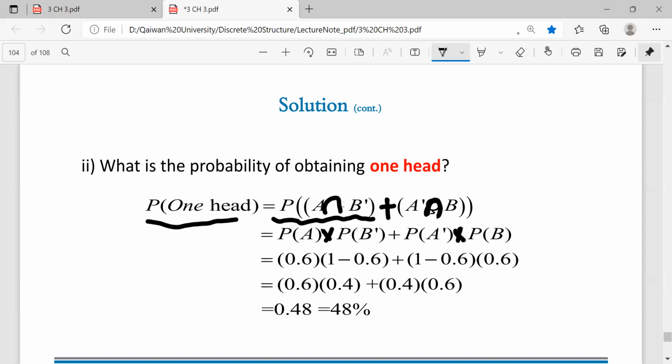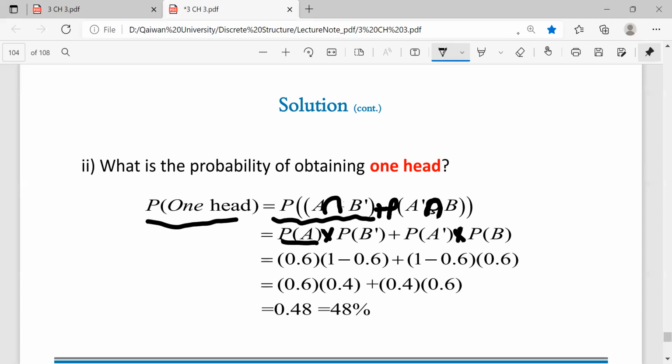These are two independent events, so it's probability of A times probability of B complement. And also probability of A complement intersection B is probability of A complement times probability B, because these are two independent events.